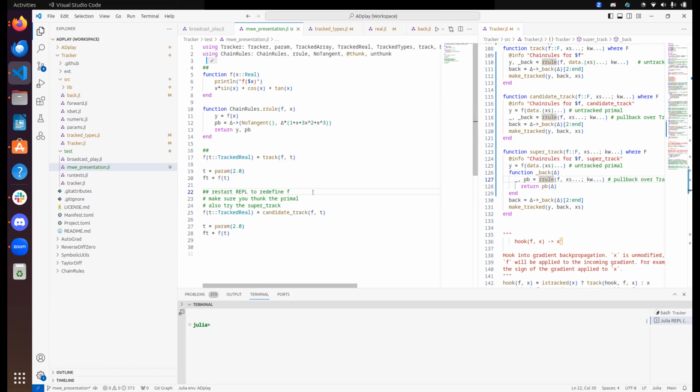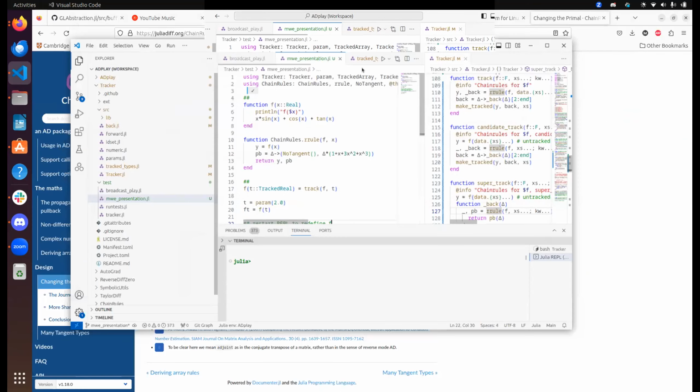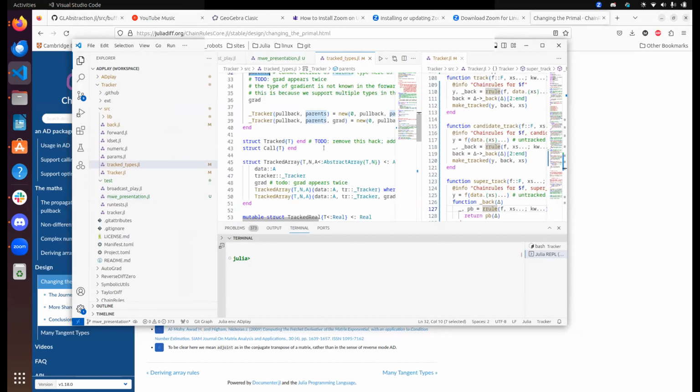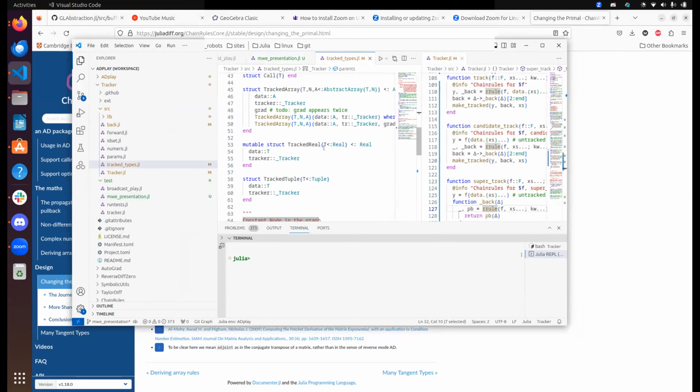And here we are. I assume maybe everyone is familiar with tracker, right? If not, maybe a very quick introduction. We have some floating point numbers and we want to track them.